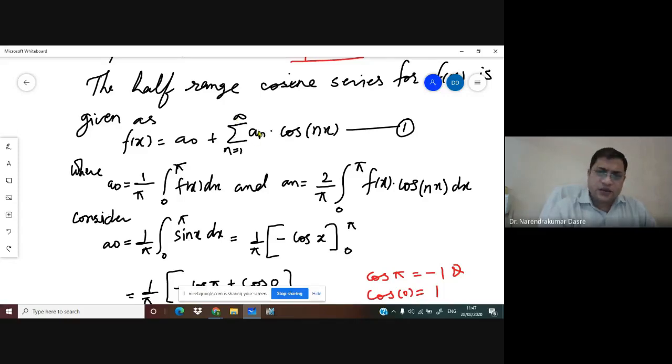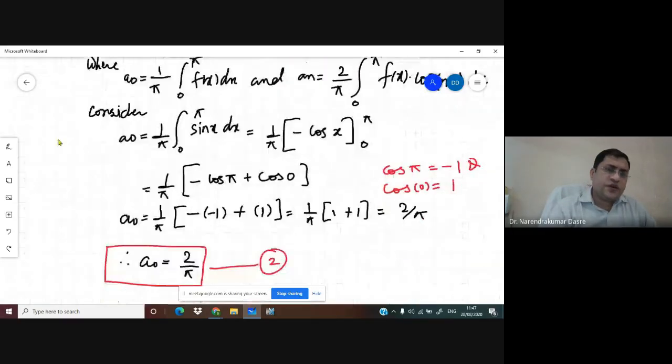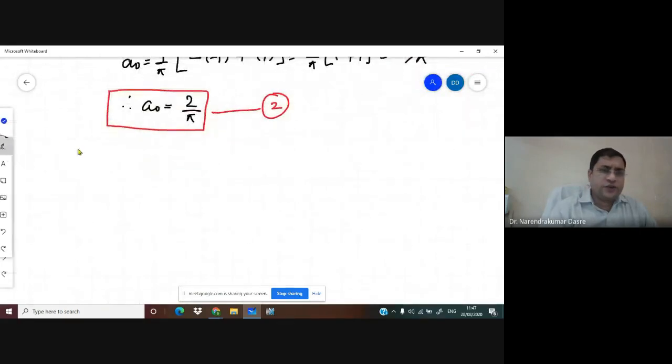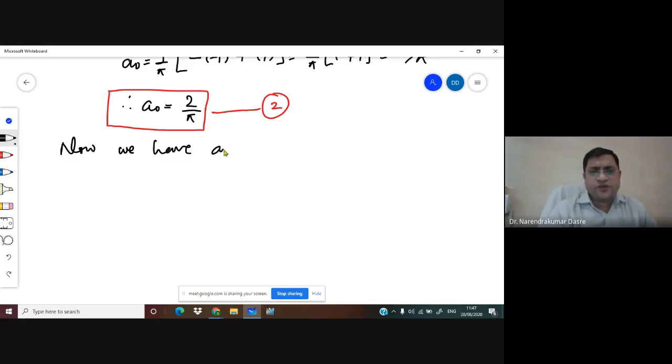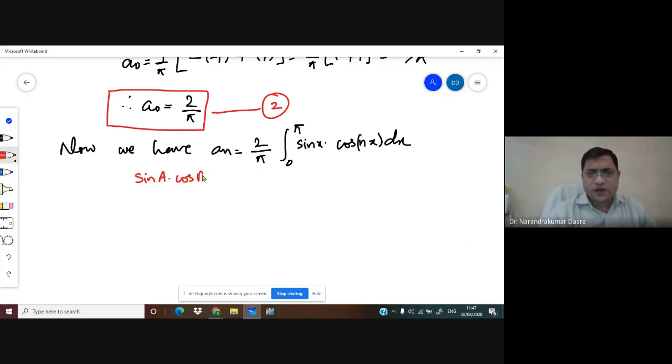Now we have to find an. So let us find an. We have an is equal to 2 upon pi integral 0 to pi sin x into cos of nx dx. Okay, so what we know is sin a cos b is equal to 1/2 of sin of a plus b plus sin of a minus b.